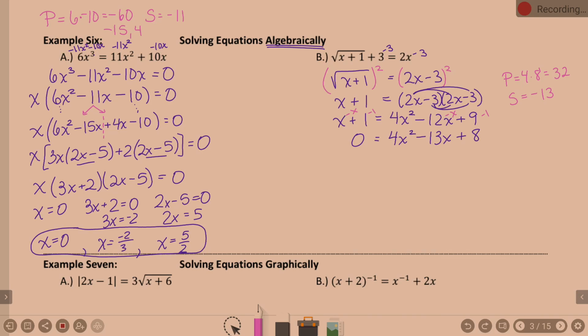What are we coming up with? Are we stuck? Yeah.